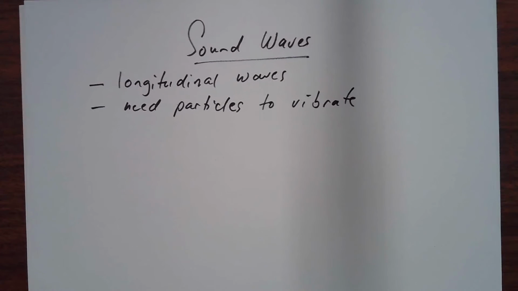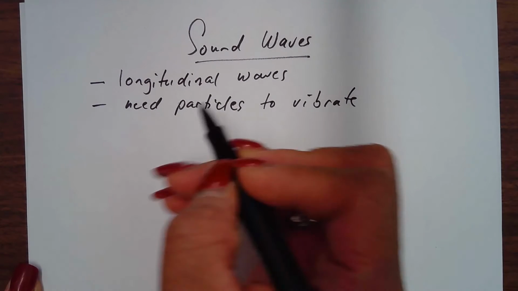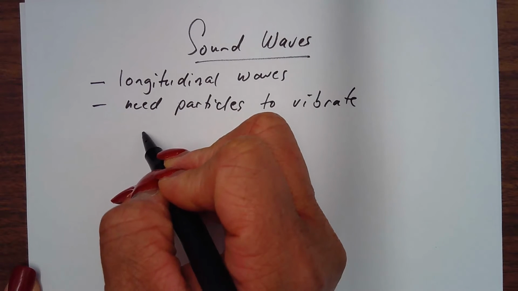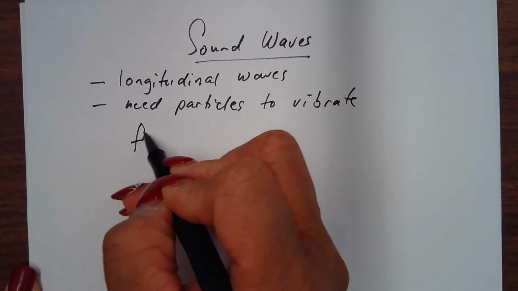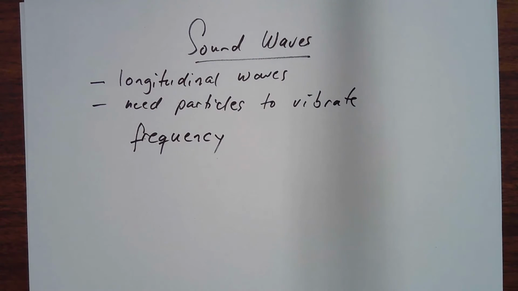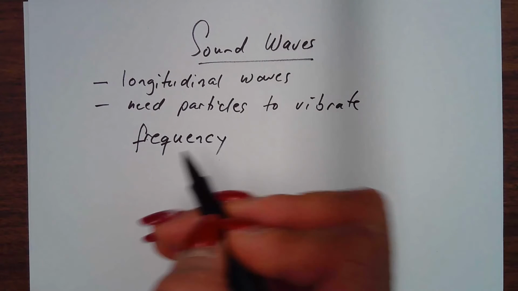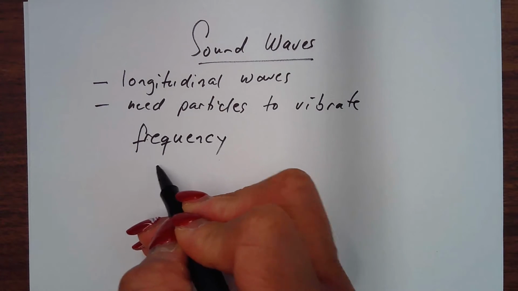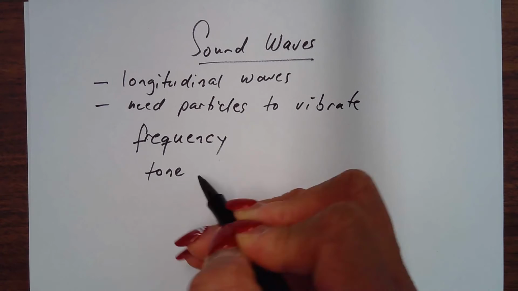So if you look at the different properties of wave, okay, let's say your frequency. If I change the frequency of sound, what would that actually do to the sound itself? And what about the melody of the sound, or the tone, right? The tone or the notes itself.